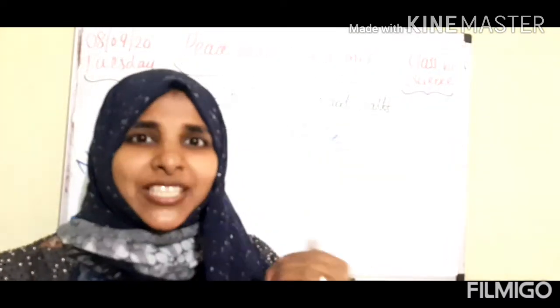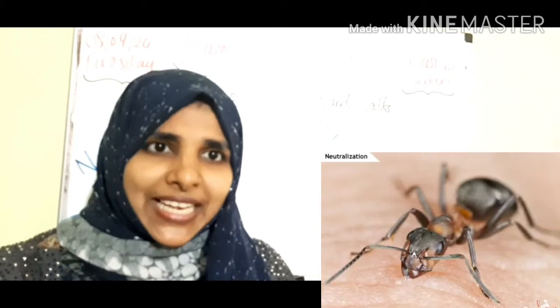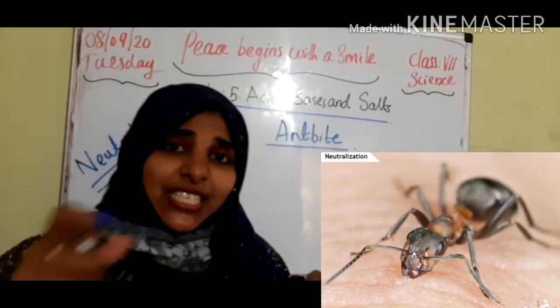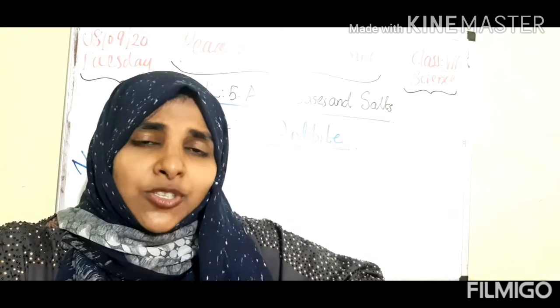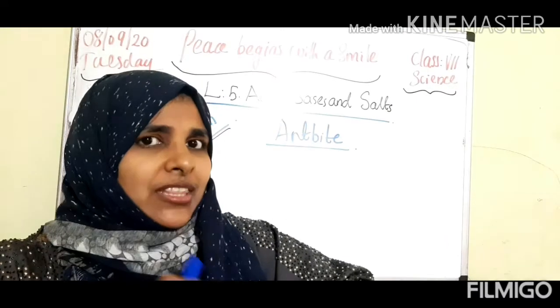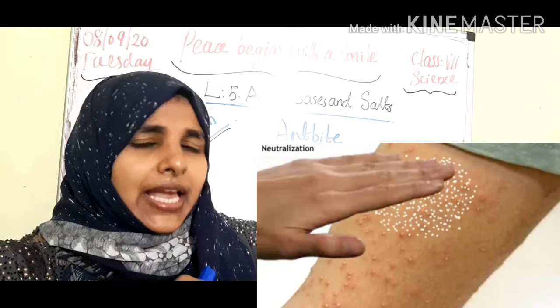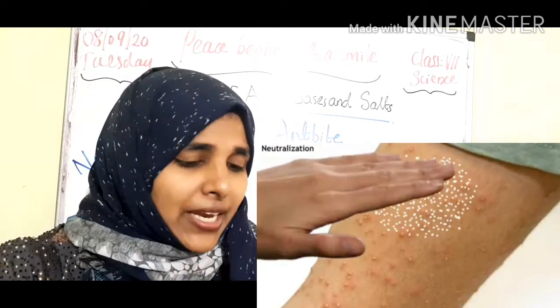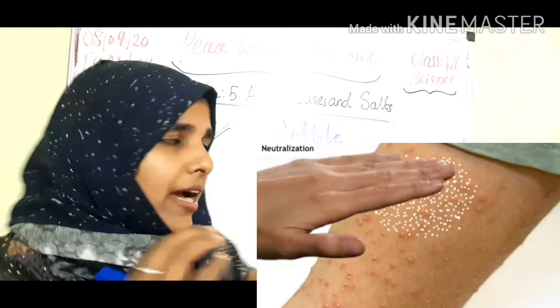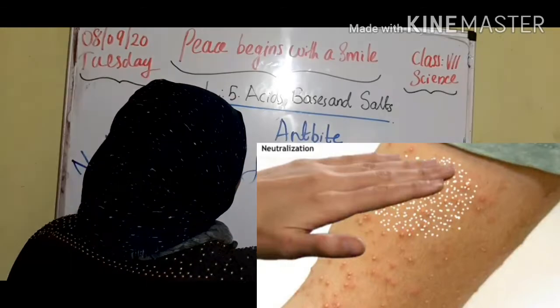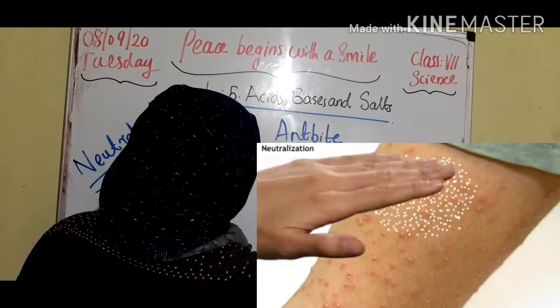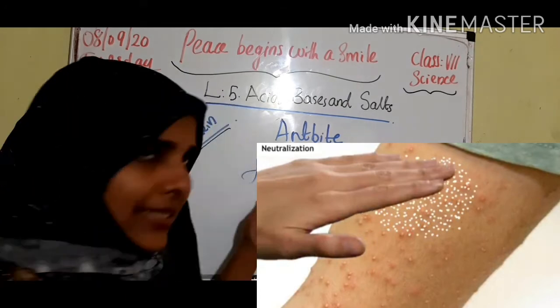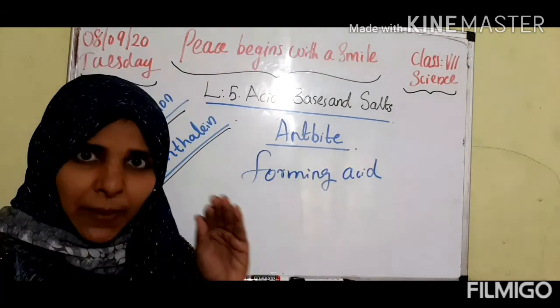Let us know about the sting of an ant containing formic acid. When an ant is biting our skin, we feel very much pain, right, children? Why? Because formic acid is present in the sting of the ant. At that time we are rubbing some moist baking soda. Formic acid contained in the sting of an ant is very painful.